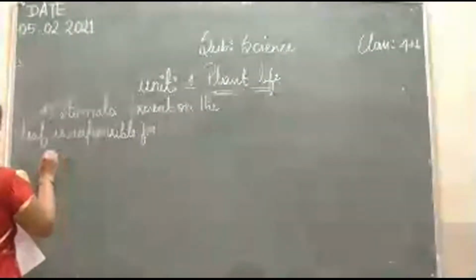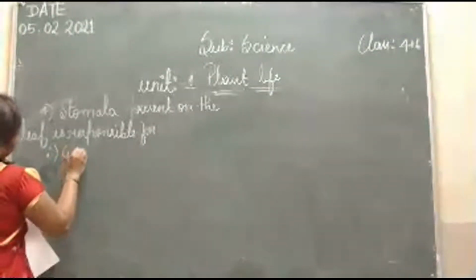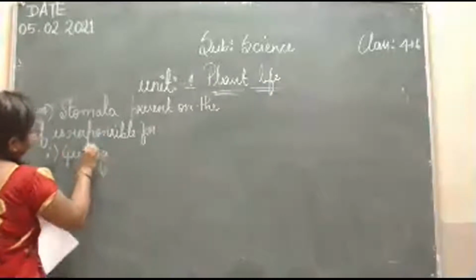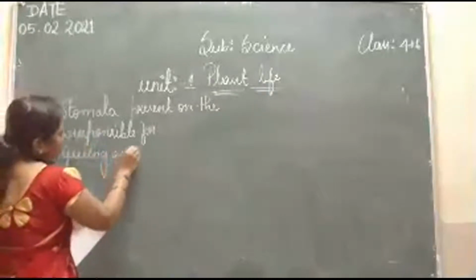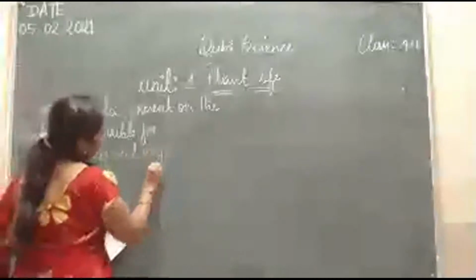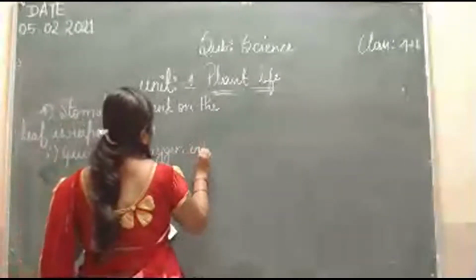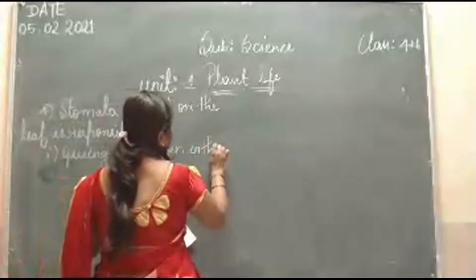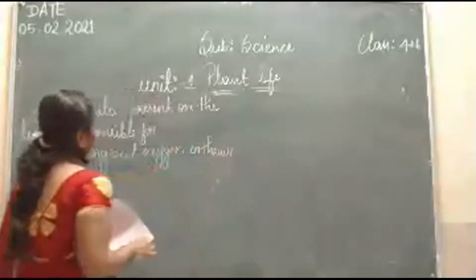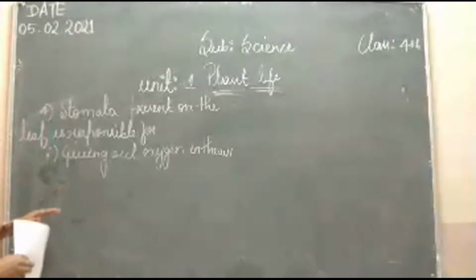First one is giving out oxygen. What does it give out? It gives out oxygen in the air. Where do we get the oxygen? We get the oxygen in air. Giving out oxygen in the air.